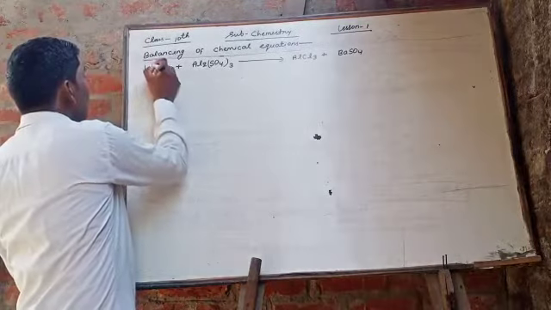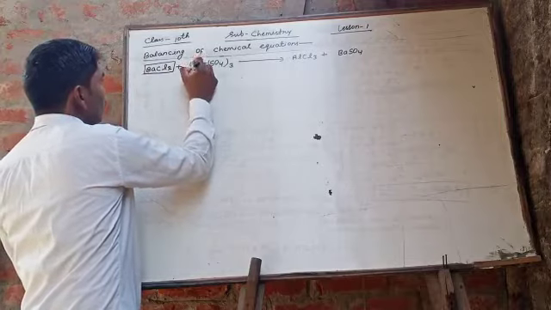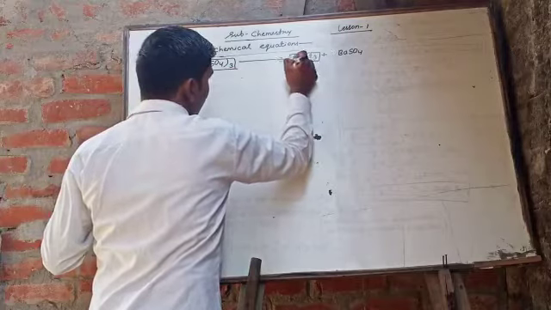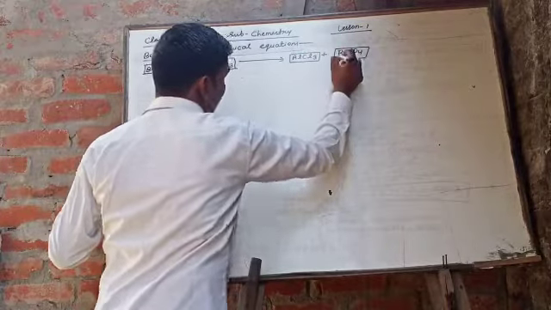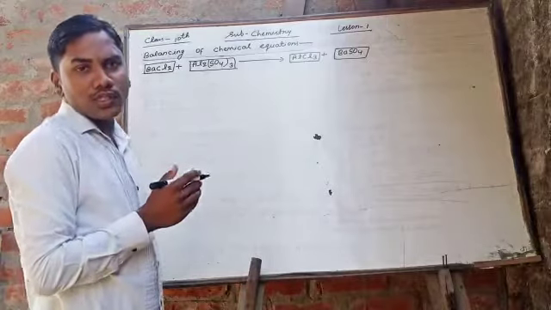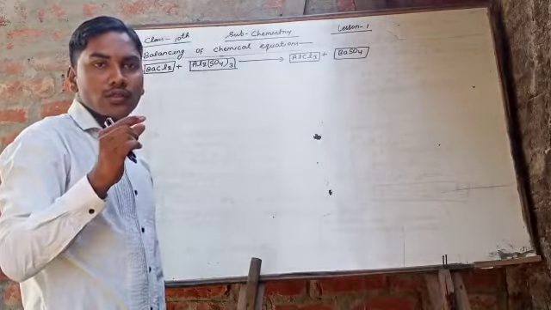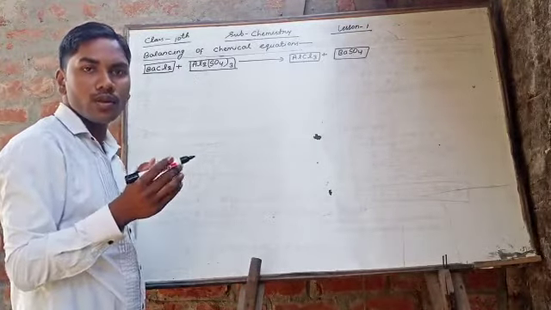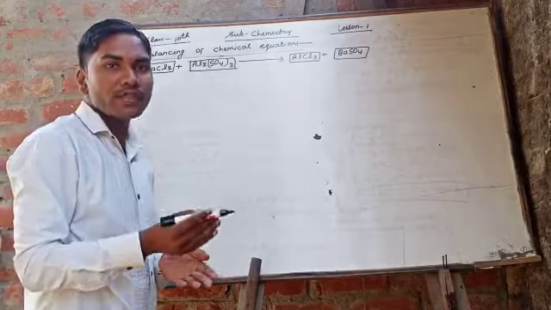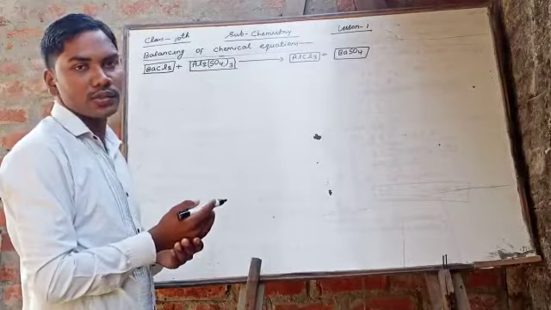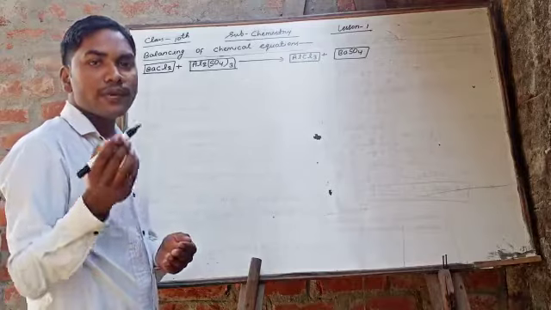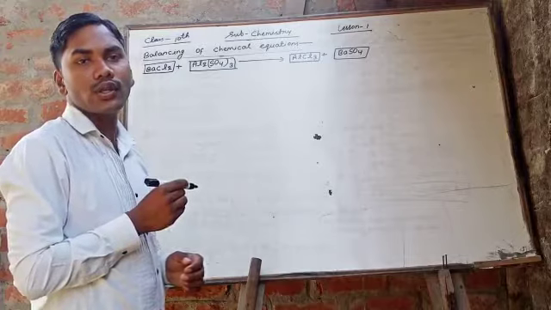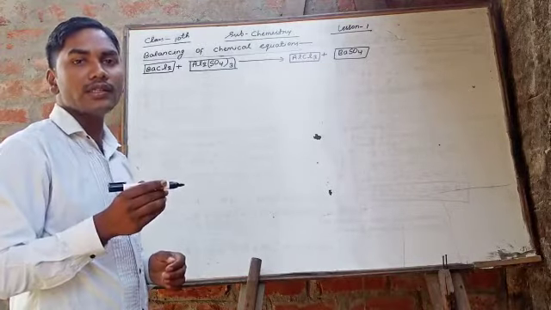In the balancing process, we will not do anything inside this box. We will write the coefficient outside of this box. After this, we will count the number of atoms in both reactants and products.